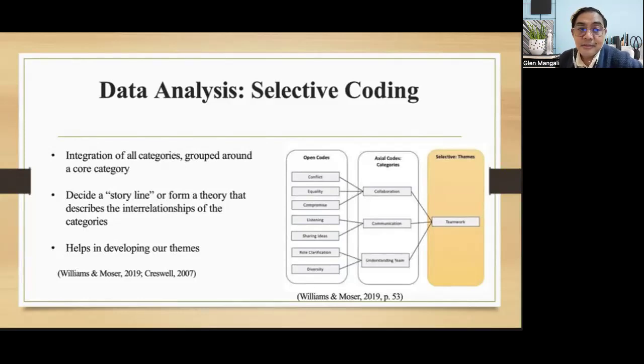So somehow, the general theme is teamwork. They have three categories: collaboration, communication, understanding team, and then the codes. Those are the product of the open coding and descriptive coding.